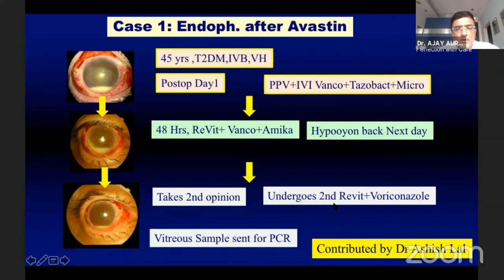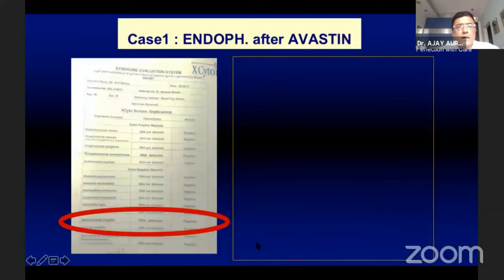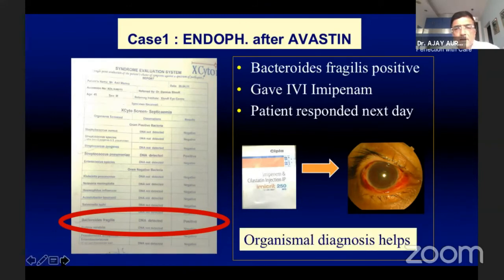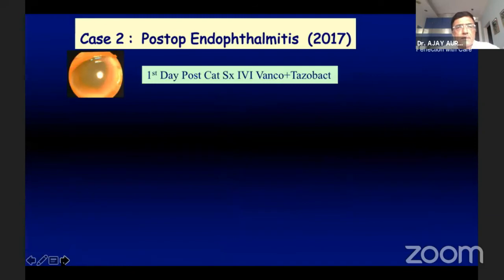Patient went for a second opinion, underwent a second vitrectomy, in which a sample was sent for PCR. And at this stage, the bacterium was Bacteroides fragilis, and the patient received imipenem and responded well. So it's very important to have the correct organism diagnosis, because that gives us a better outcome.